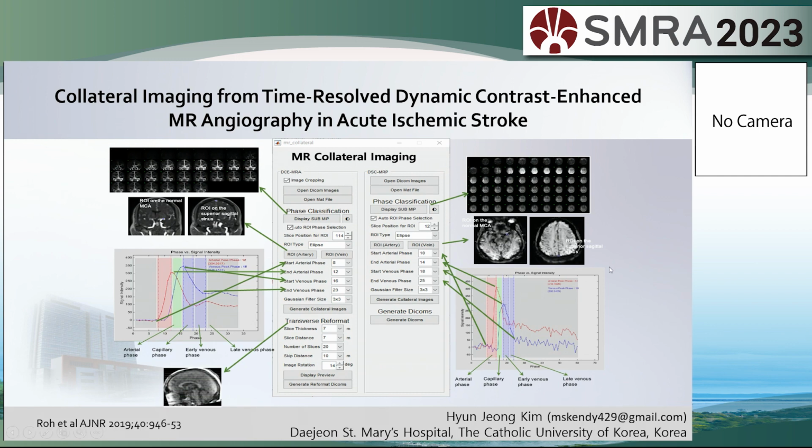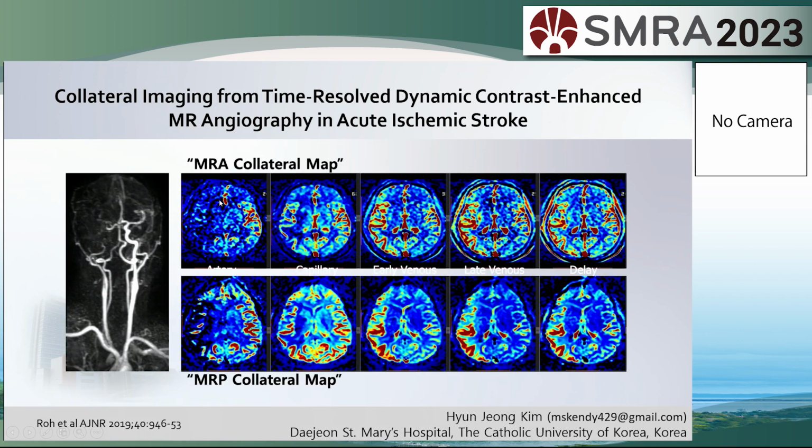And in cooperation with a Korean PhD at Siemens Korea, they made a very nice post-processing of the TSC as well as time-resolved MR angiography to get a collateral imaging system. And they compared the collateral map from MRA and the collateral map from the MRP.